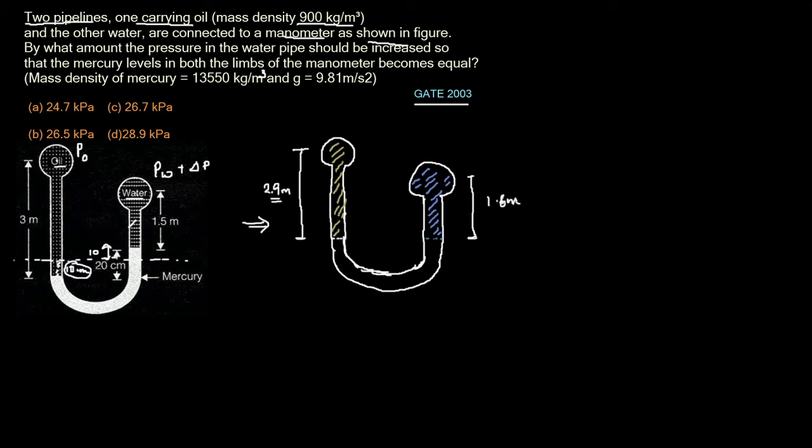So let's take this as two cases. First is the initial given state. This is case 1 where only PW is exerted in the water and P0 is exerted in the oil.